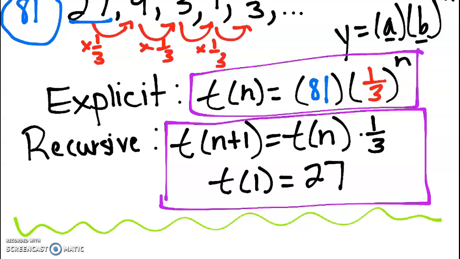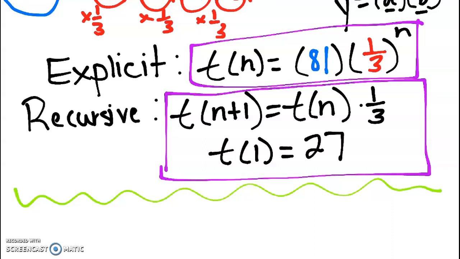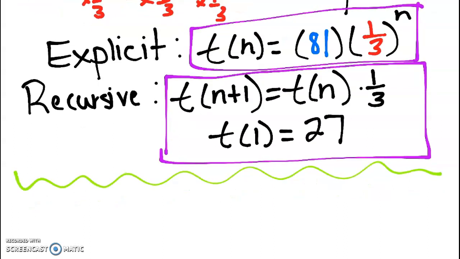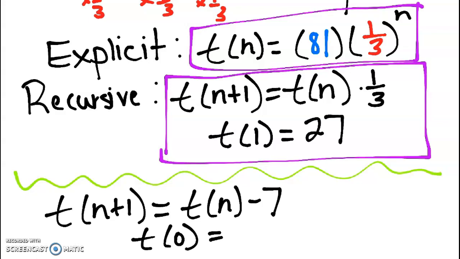Now the second piece is I'm given an equation, and the one I was given is t of n plus 1 equals t of n minus 7, and then they told me that t of 0 equals 5.